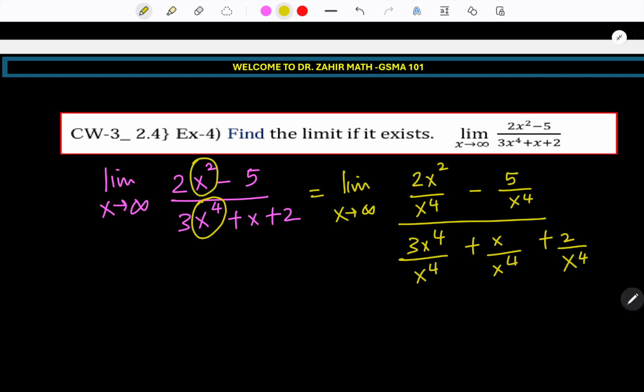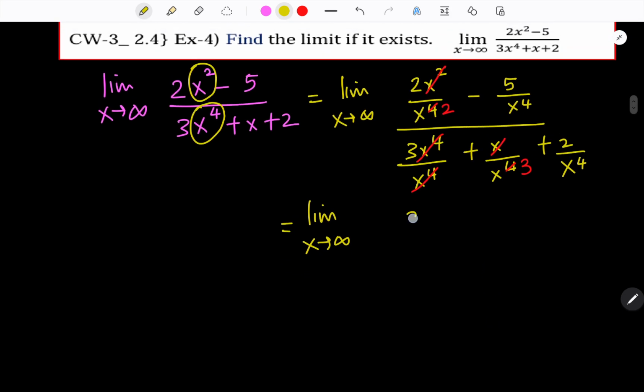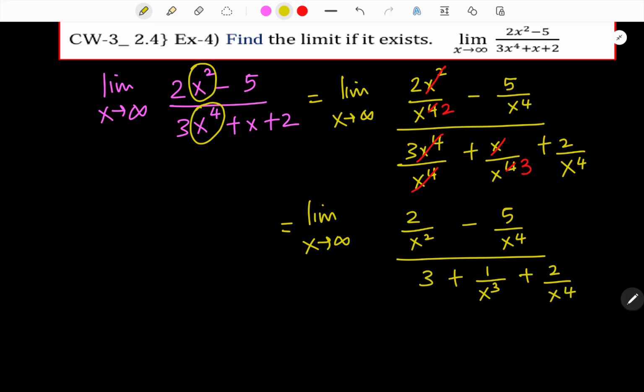After cancelling, the x square cancels to give 2 over x square, the x power 4 cancels in the denominator to give 3, and we get 2 divided by x square minus 5 divided by x power 4 over 3 plus 1 divided by x power 3 plus 2 divided by x power 4.